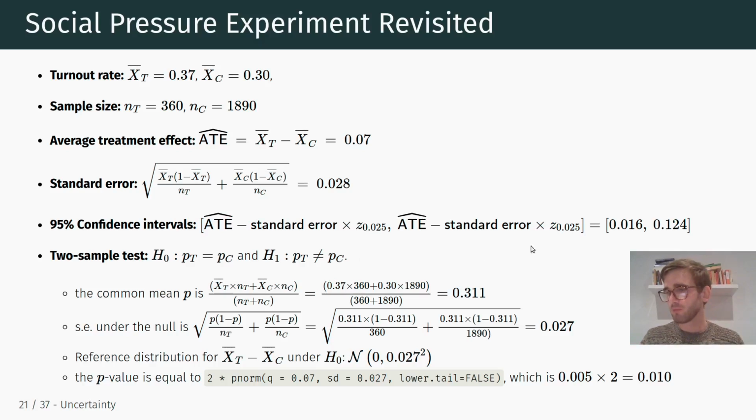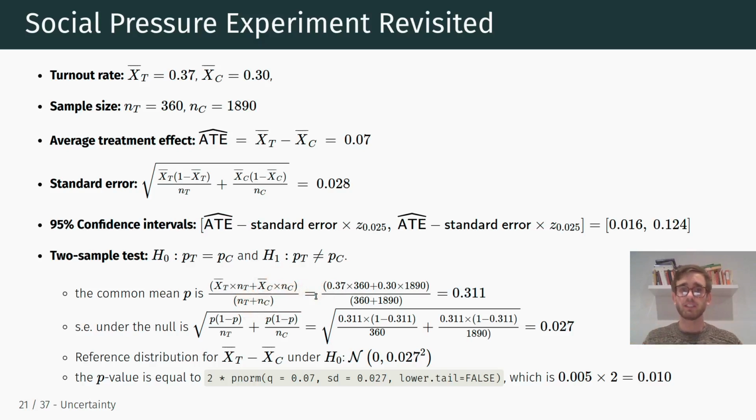Our estimate for the true population proportion is that p is equal to the common mean, which is just the weighted average of xt bar and xc bar, each weighted by their respective sample sizes. So we have xt bar times nt plus xc bar times nc, divided by nt plus nc.